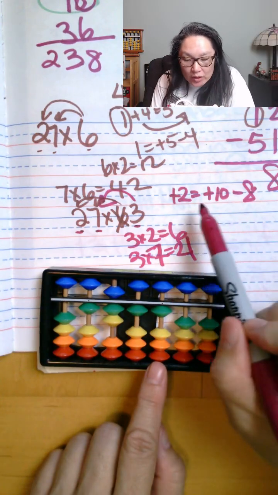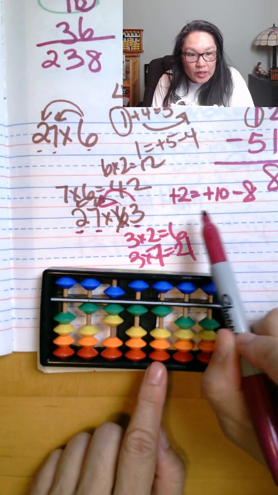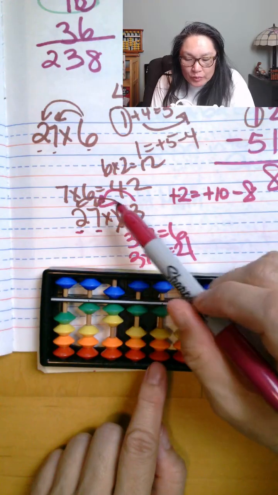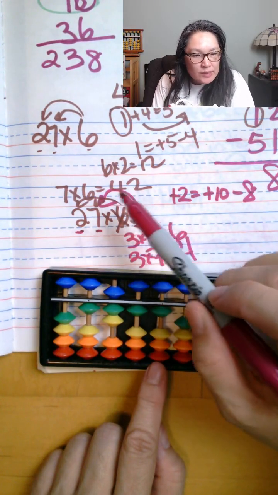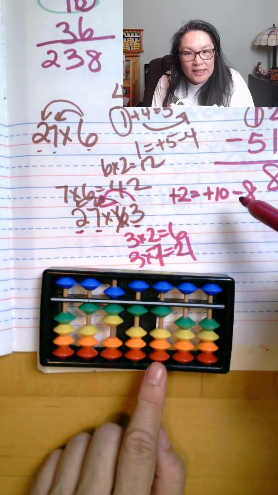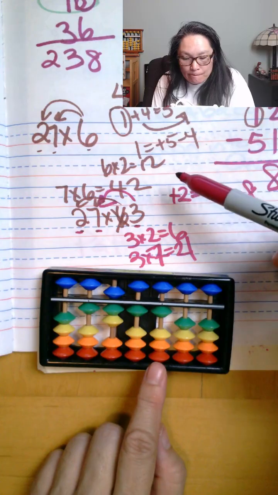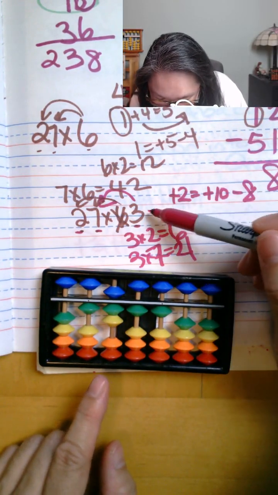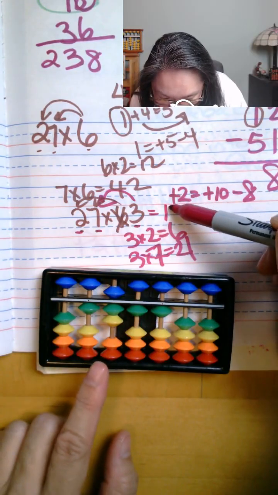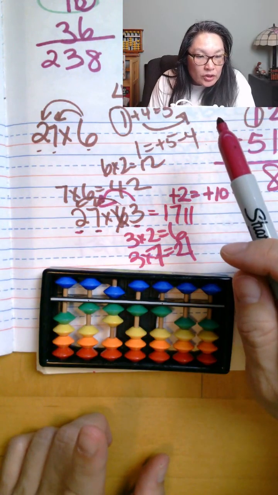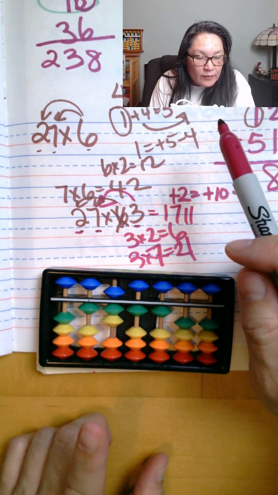And it gets worse when there's two-step equations, right? That's why multiplication seems a little bit easy, because we're not doing the addition side. So our answer is 1,711.